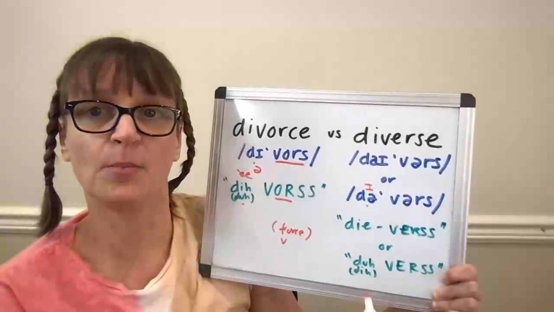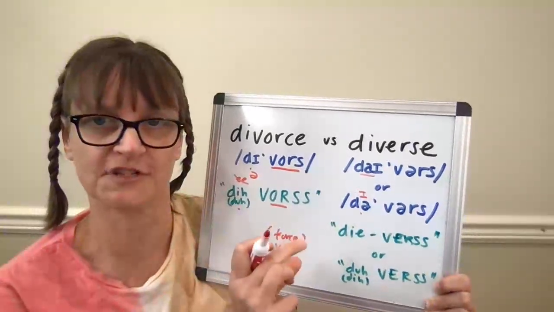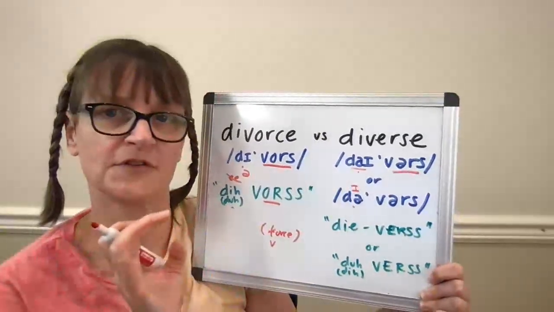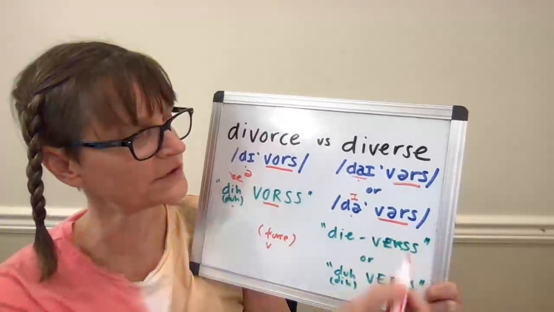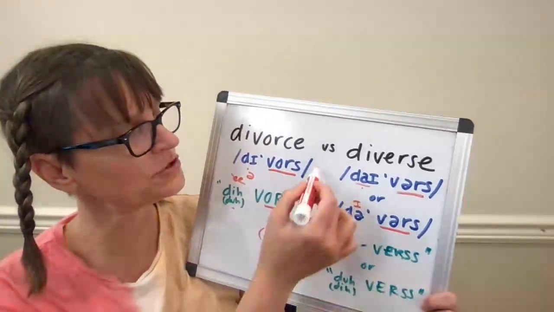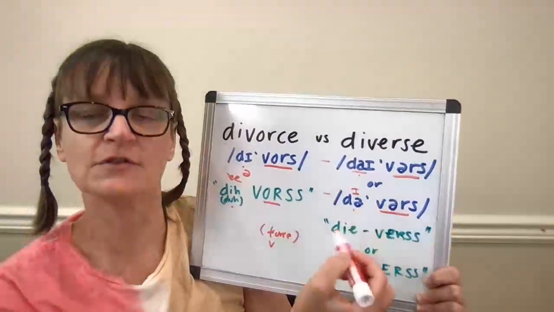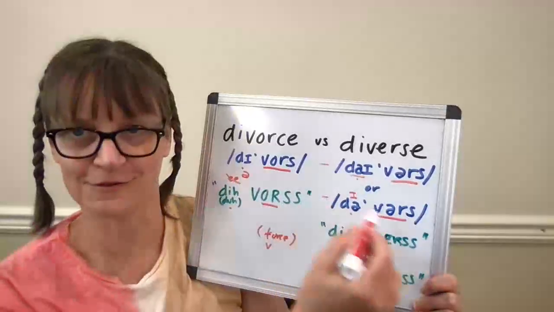But you also can say it with a clear I diphthong in the first syllable. Just make sure that you're still stressing the second syllable. So if you're saying diverse, you still want the length on the verse syllable. So two correct pronunciations for diverse, not with stress on the first syllable.